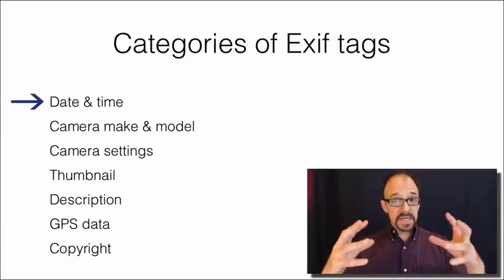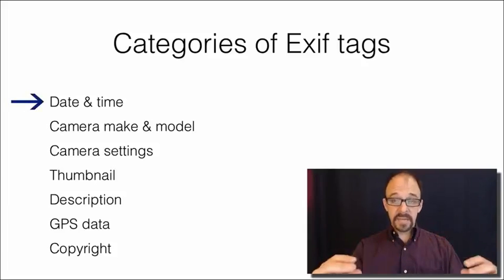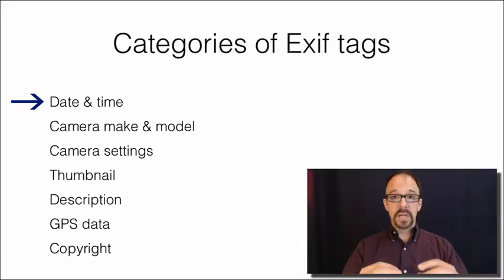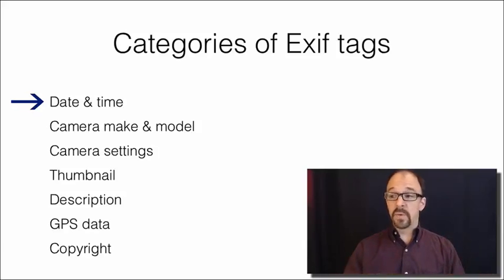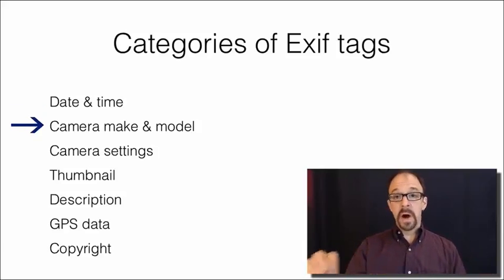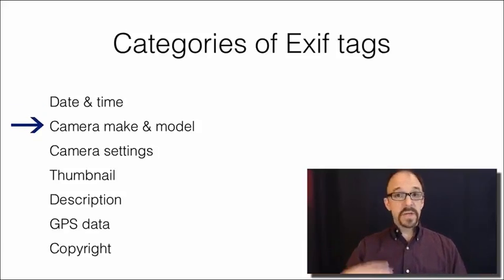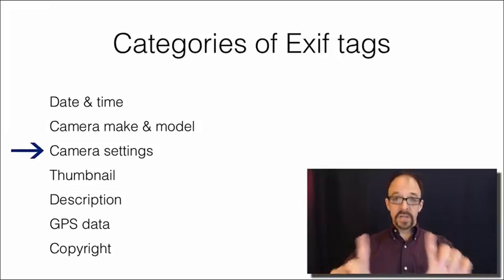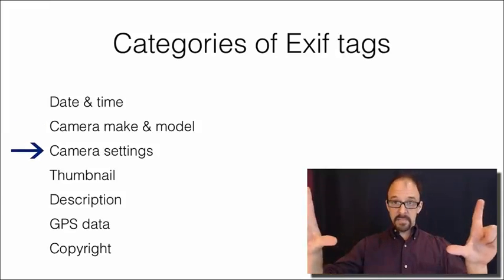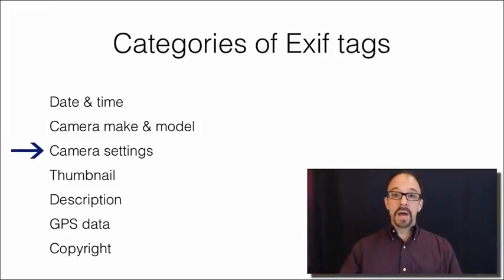So you get the date and time, a date and time stamp when that particular image was captured by the camera. You get things that don't change, like the camera make and model. And then you get things that do change about the camera, like the settings, the orientation. Is something in landscape mode or in portrait mode? The shutter speed, the aperture, the focal length, and a bunch of other things that I have no idea about because I'm not a photo geek.